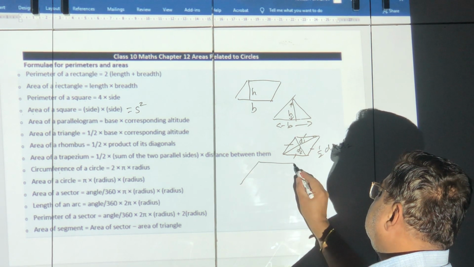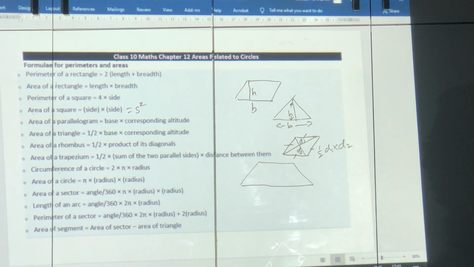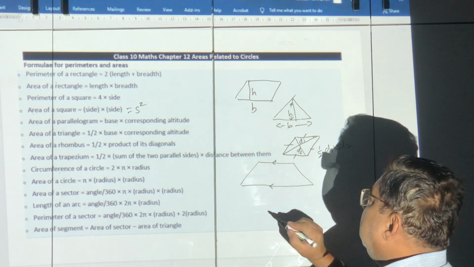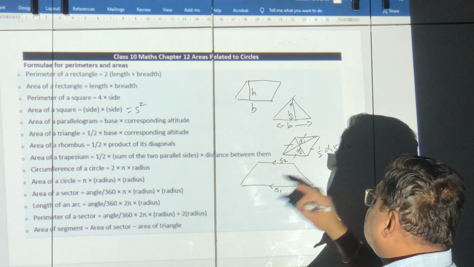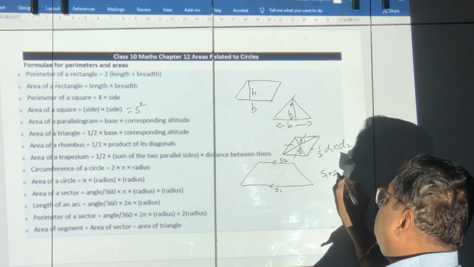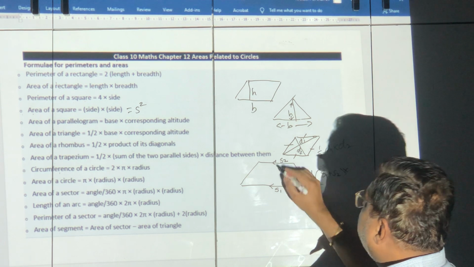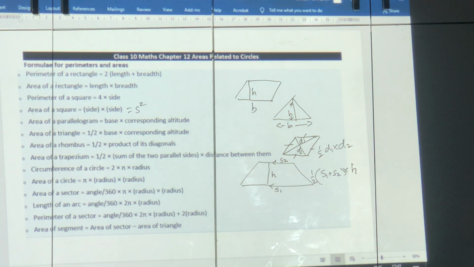Trapezium, my friends, has at least 2 opposite sides parallel. Half into sum of parallel sides, side 1 plus side 2, into the distance between them, the height. That is how we must remember.